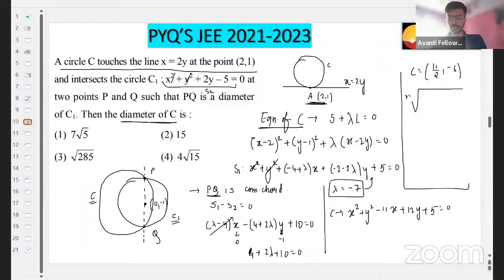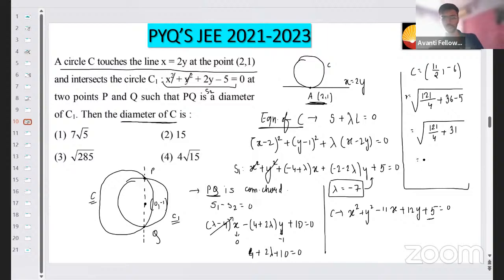Just a second. Yeah. So 121 by 4 plus 36 minus 5. This is 5, right? So what do we got? Under root of 121 by 4 plus 31.